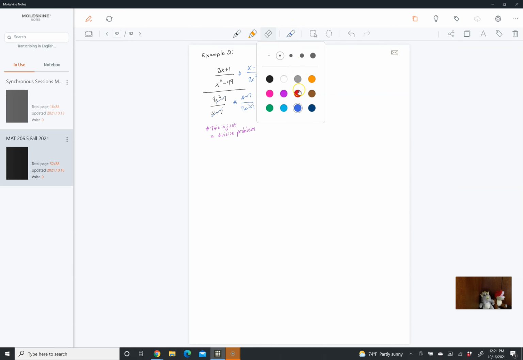So what does this give us? 3x plus 1 times x squared minus 49 times x minus 7 over 9x squared minus 1. So now you factor. 3x plus 1 can't be factored. X squared minus 49 is the difference of squares. X minus 7 can't be factored. 9x squared minus 1 is also a difference of squares.